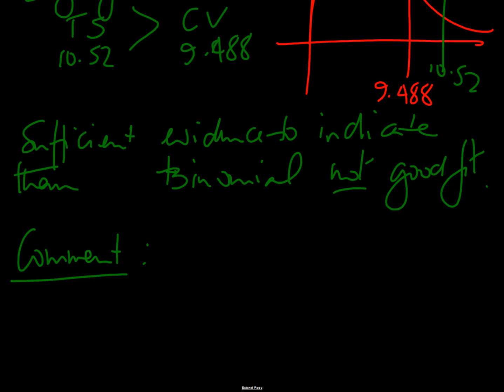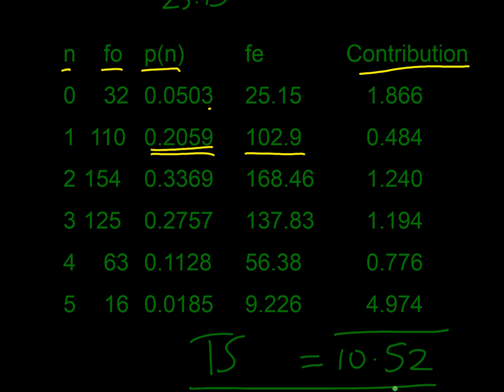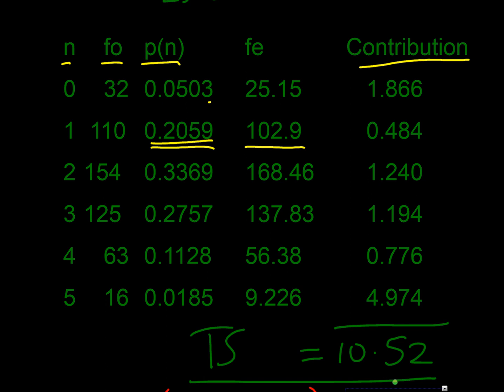So before I do that, I'm just going to go back actually and see where it diverges. So let's have a quick look at where my big contributions come from. Here's my biggest contribution, 4.97, and that's for my 5. So they expected to have 9 families with 5 girls, and they actually had 16. So that's the biggest of all, isn't it?